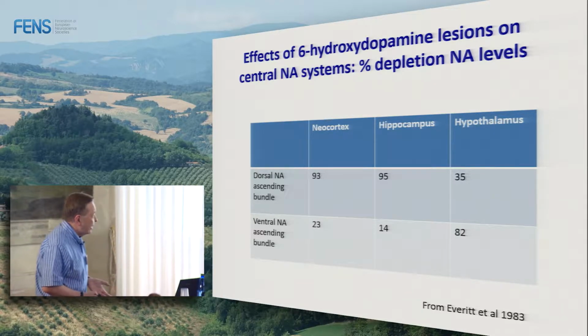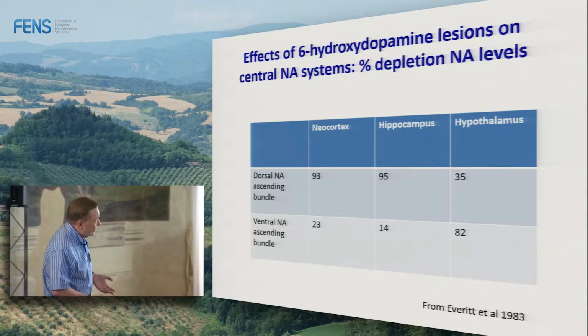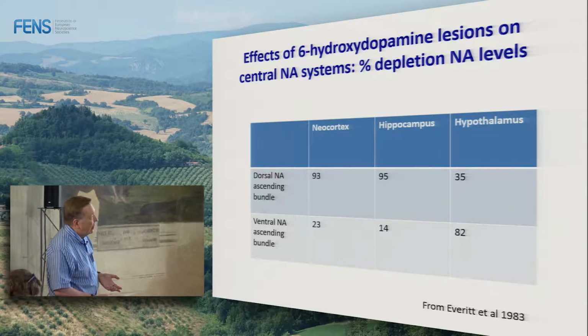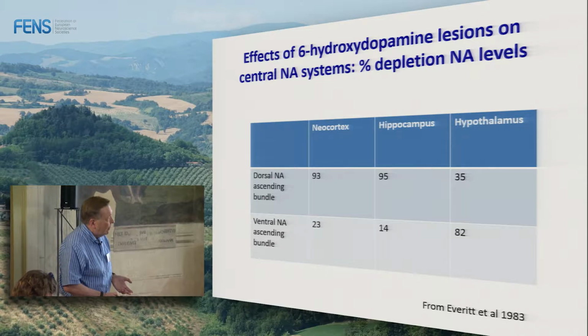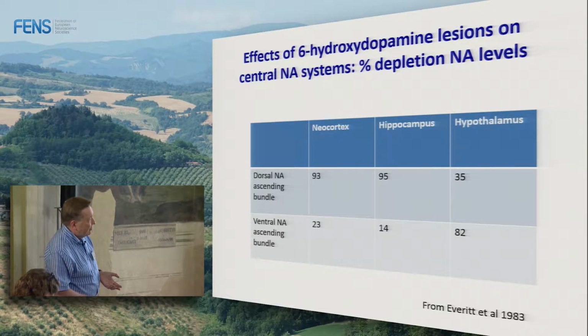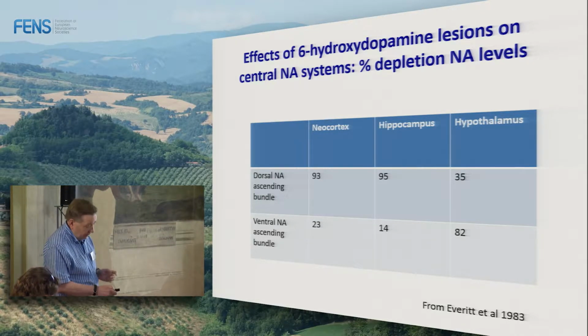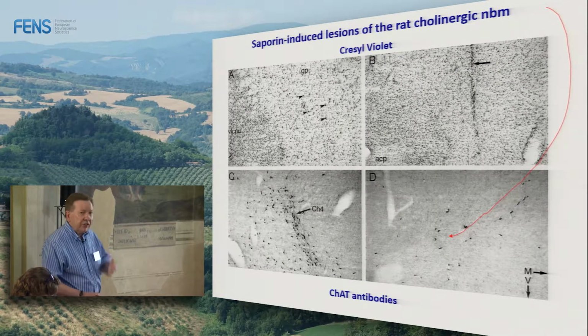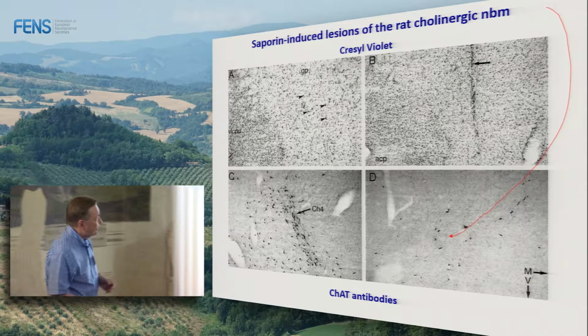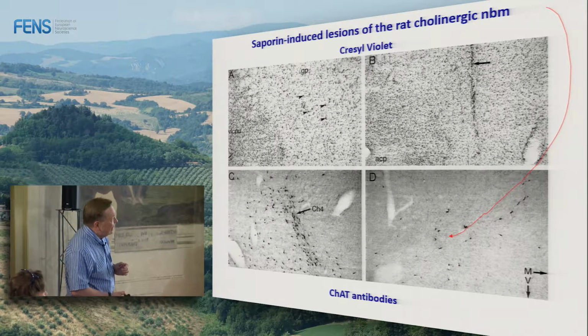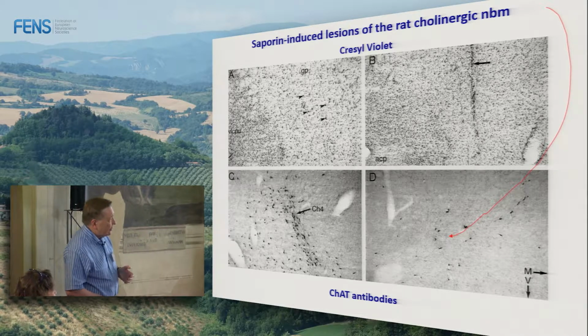It's quite a crude technique, but if correctly used it produces massive depletions of these transmitters in cortical areas, as you see here, as compared to when it's injected into the ventral bundle. We and others used these kinds of preparations early on to try and study some of the functions of these systems.